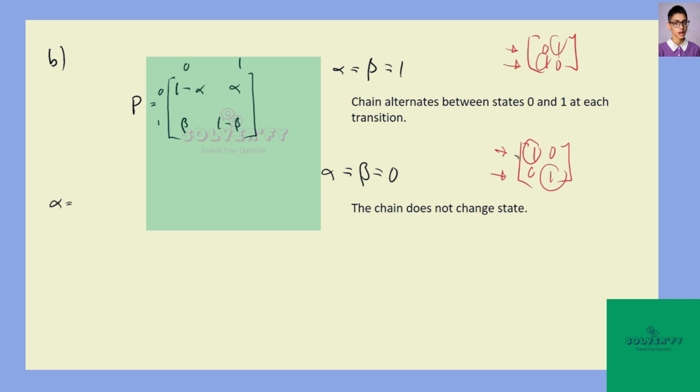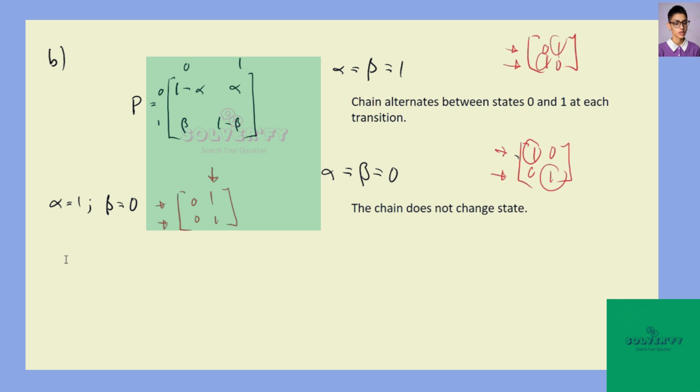If we have alpha equals 1 and beta is equal to 0, we have a transition matrix that looks like this, which means regardless of what state you start in, you're going to transition into state 1.